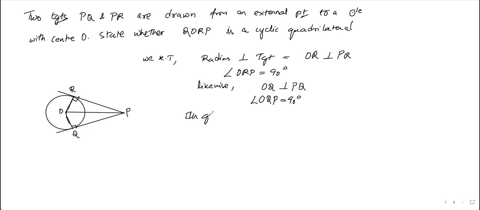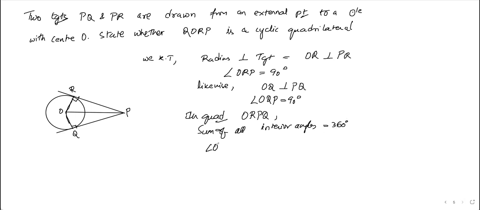So in quadrilateral ORPQ, the sum of all interior angles is 360 degrees.